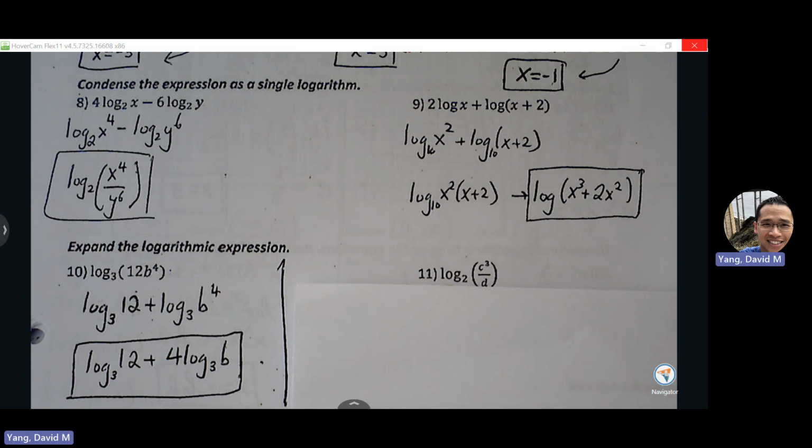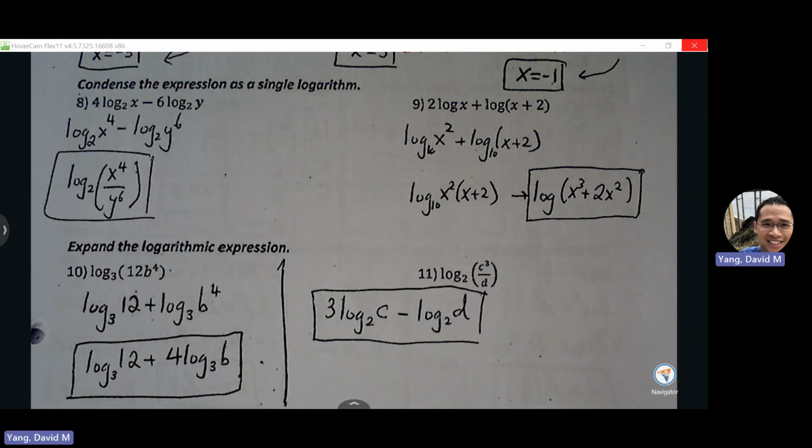Okay, 11, we can use quotient property. C cubed and D can be separated using subtraction.